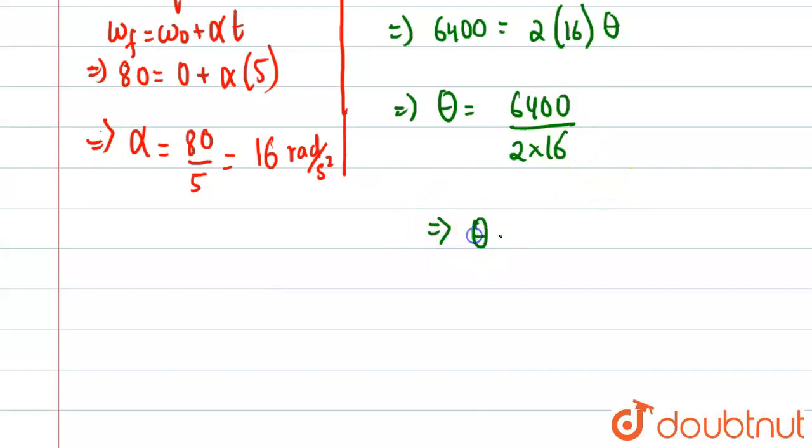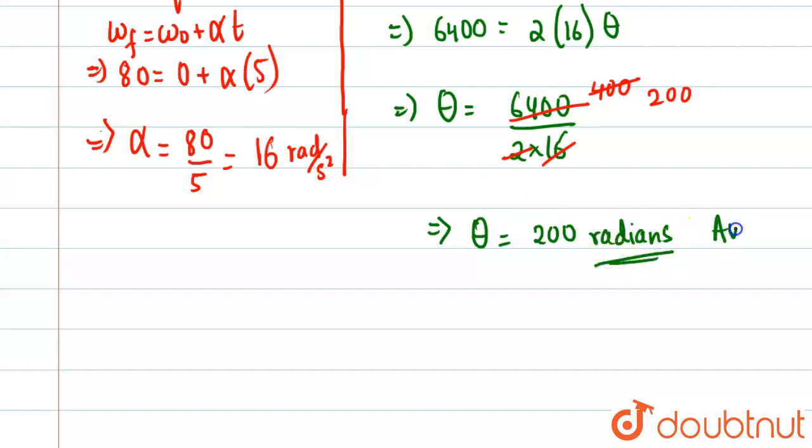Now we'll do the cancellation. 16 times 4 is 64, so it will come 400, and 2 times 2 is 4, so it will come 200. So our answer is 200 radians. So the angular displacement was 200 radians.